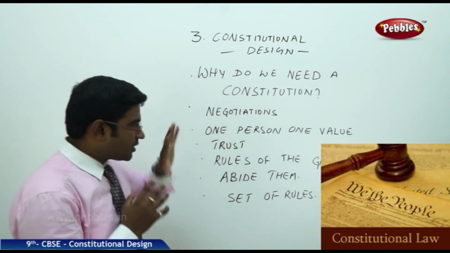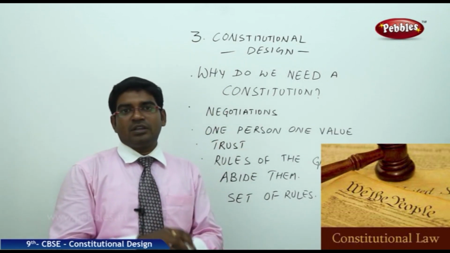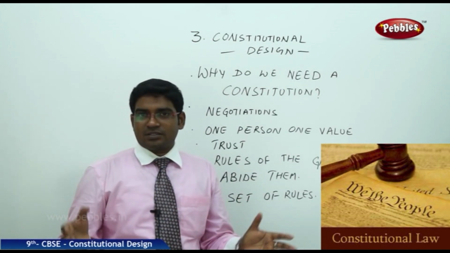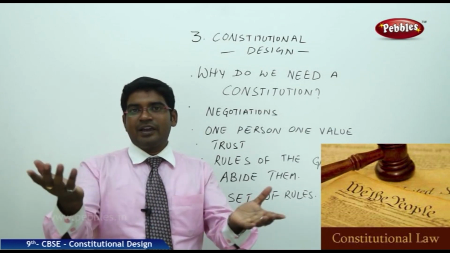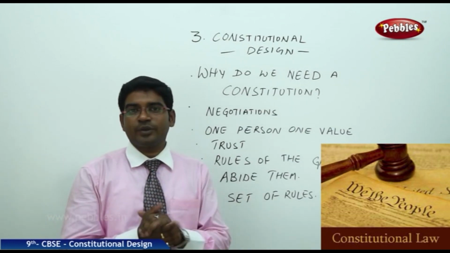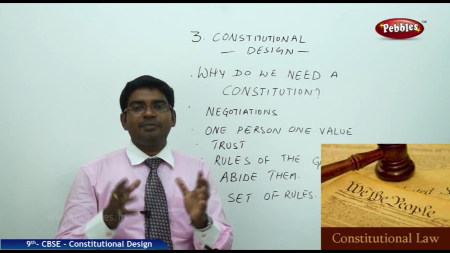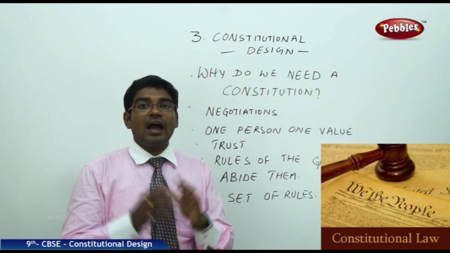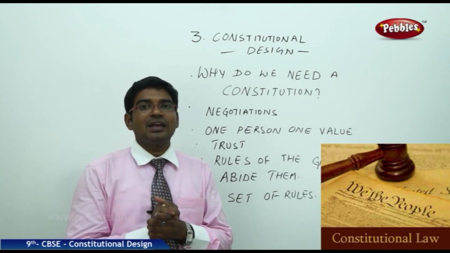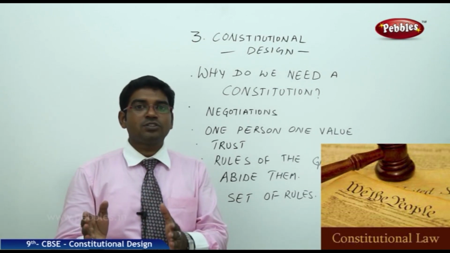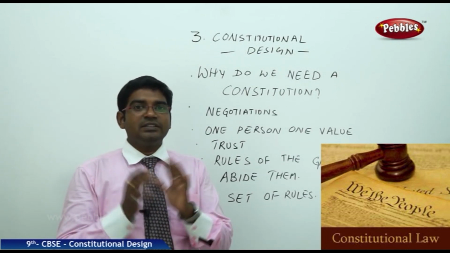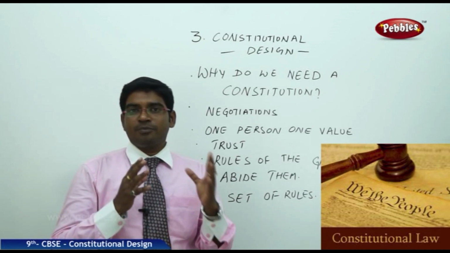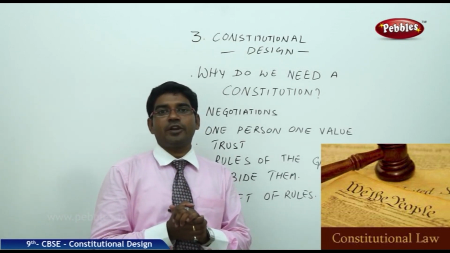Now, it was not such an easy process as we discussed just now. They discussed, they came to a consensus, they agreed on the concept. It was not easy. It took many days and many months for them to understand the basic differences of the ideologies and then come to conclusions. And later, the whites, who were till yesterday dictating the rules, were ready to accept the rules prepared by the blacks, the majority.